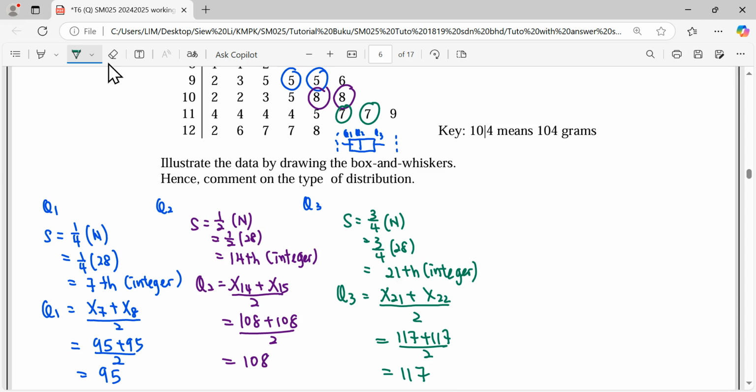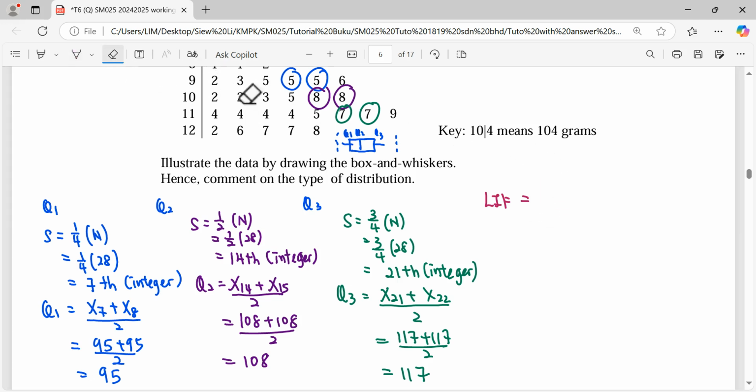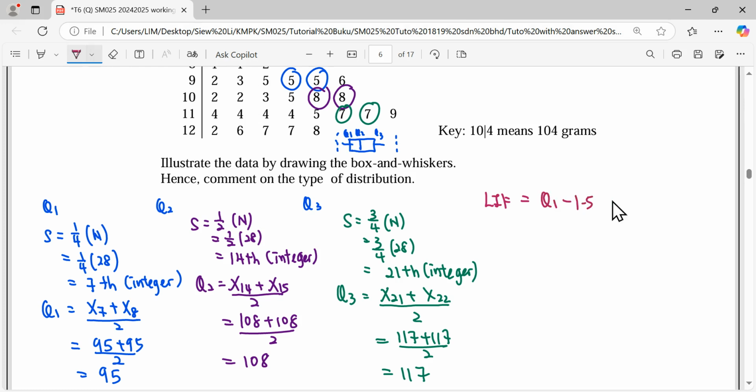So after we are done forming our box by first quarter, second quarter, and third quarter, now we want to form out our fence. Lower inner fence happens before Q1. So it will be Q1 minus 1.5 IQR. Q1 is 95.